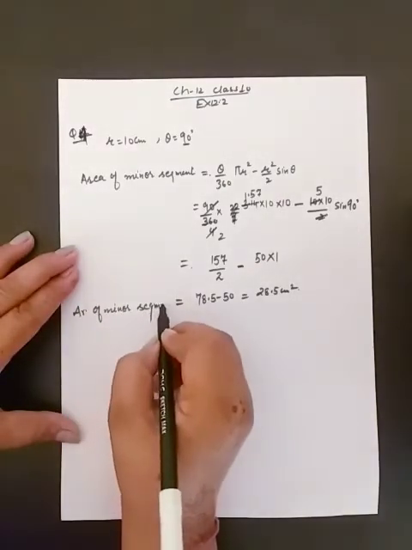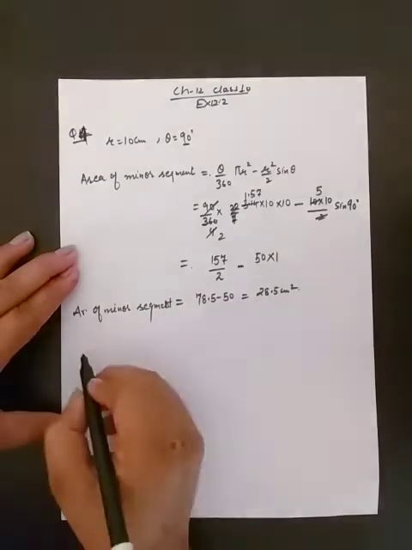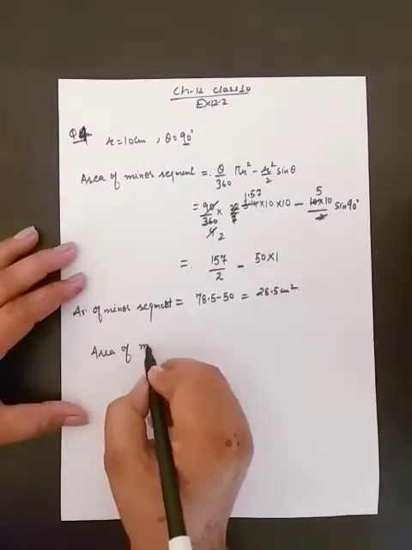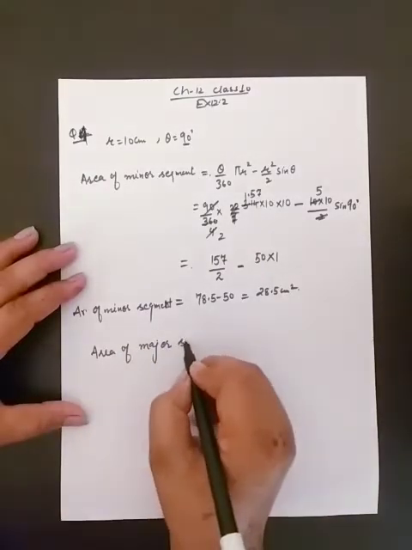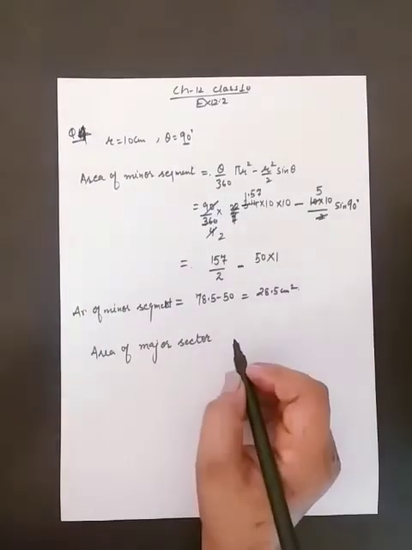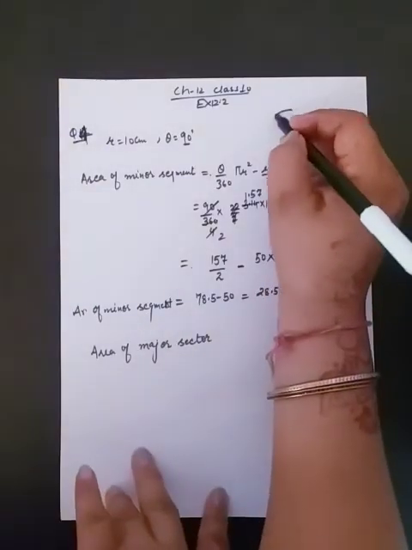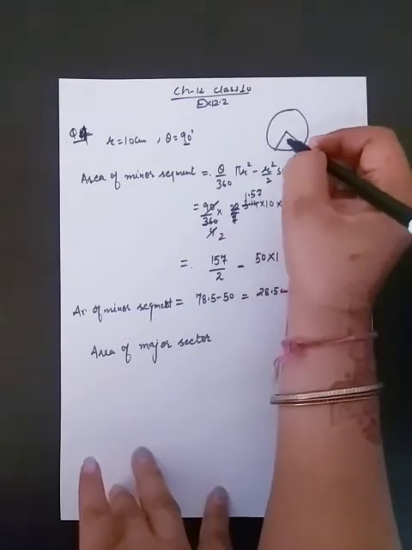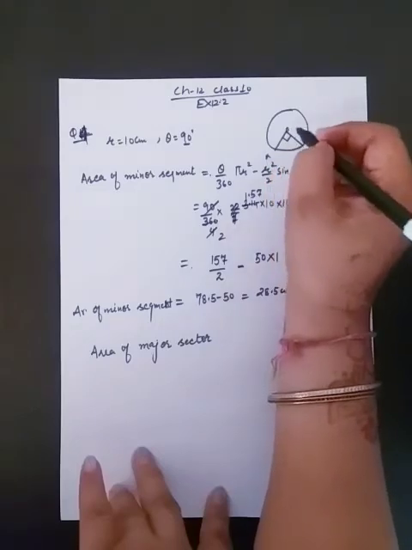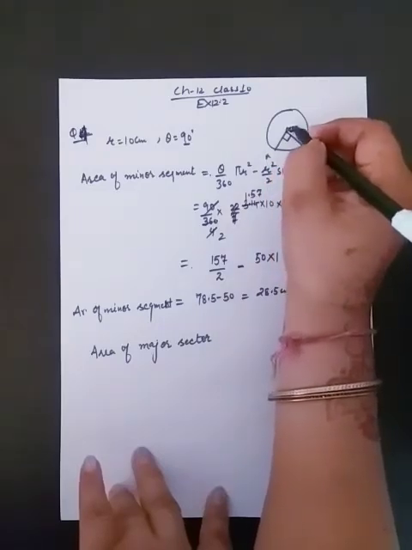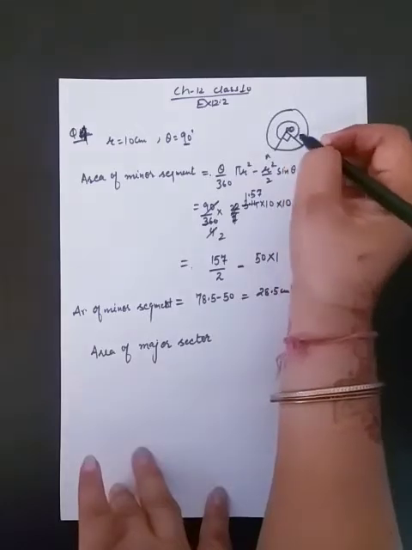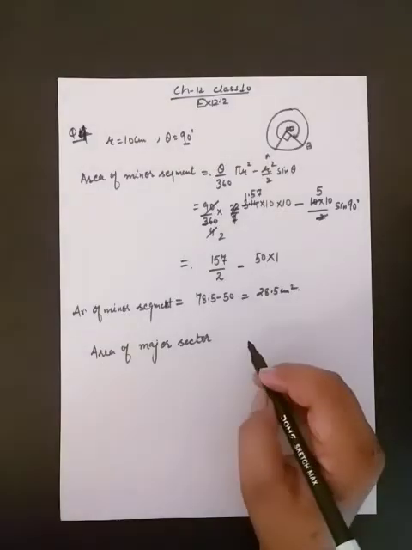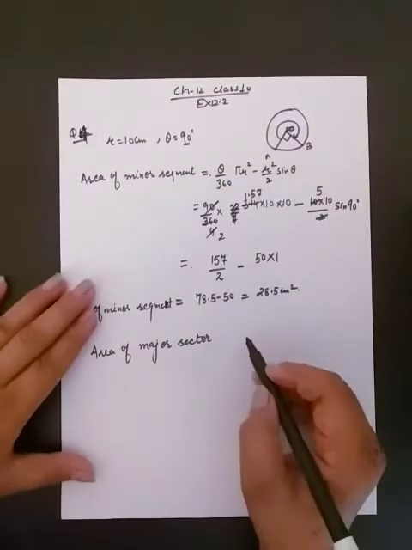Now we have to find the area of major sector. So first of all, we have to find the angle for major sector. See in the figure, the angle which is given to us is this one angle. And we need this one angle to find the area of major sector. And we already know that for the major sector, the angle is greater than 180 degree.